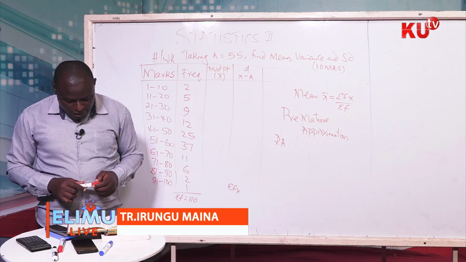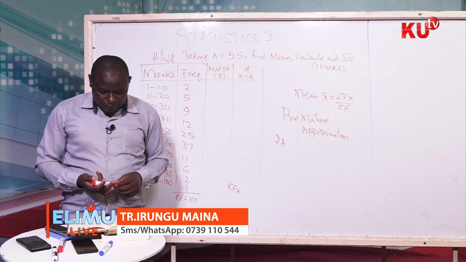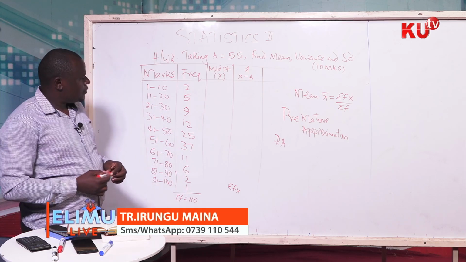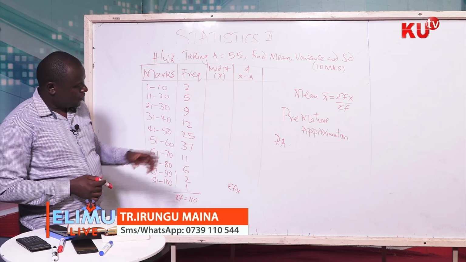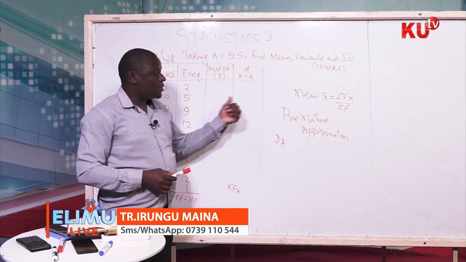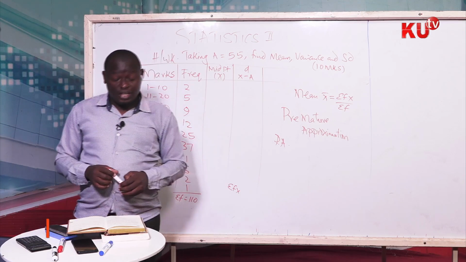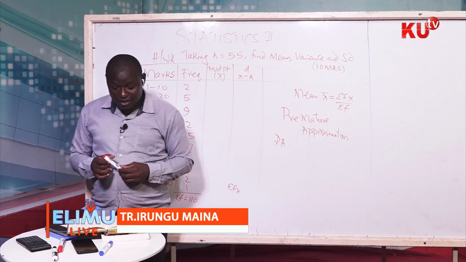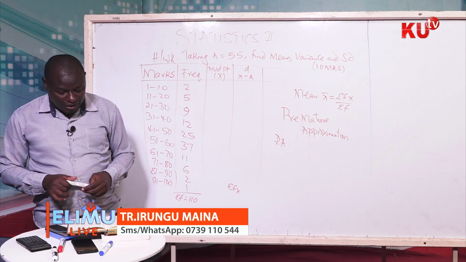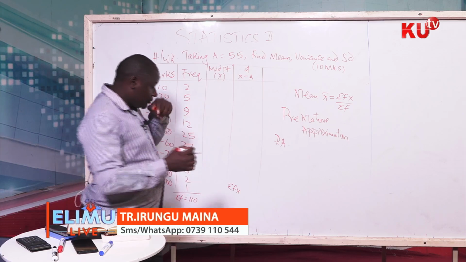The other emphasis that I need to put, apart from premature approximation, I think I have already talked about the D squared. It is the D that we square, not FD. It is the D that is squared that we then multiply by F to get FD squared.